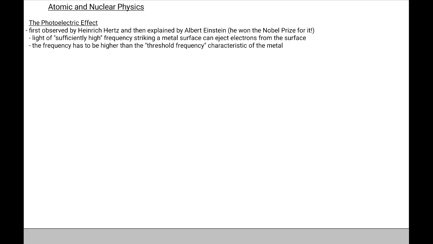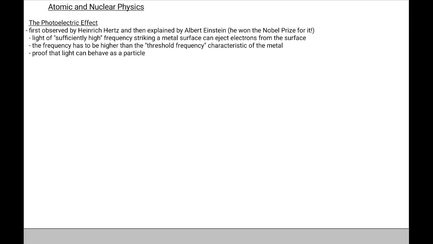Well, it means that each metal that we're shining light on has something called a threshold frequency. So the frequency has to be that the light has to be higher than this threshold frequency so that the electron can be loosened up by the light and then possibly even ejected.